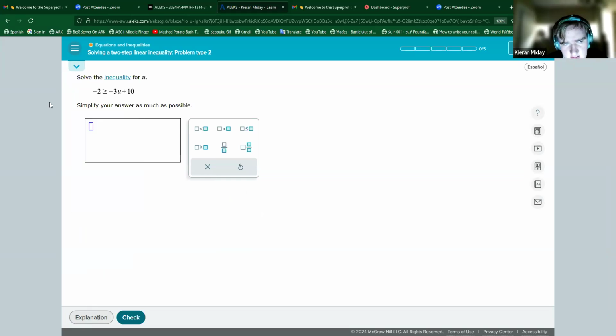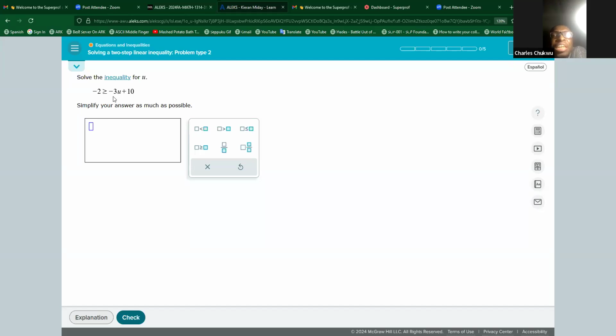Subtract -2 from 10, which would give us 12. And then, okay, so for this one, let's take a look at this one carefully.